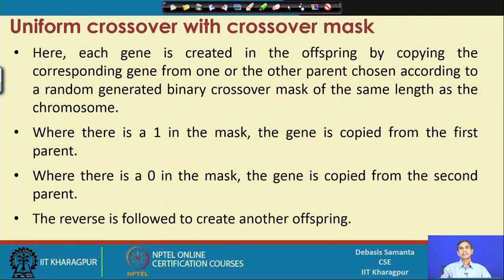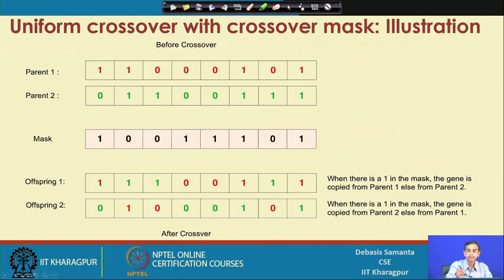In the mask, if there is 1, then the gene is copied from the first parent. If there is a 0 in the mask, then the gene is copied from the second parent. This way it will give one offspring, and if we follow the reverse protocol, then it will give the other offspring. Now, let us illustrate the concept with an example about this uniform crossover with crossover masks.